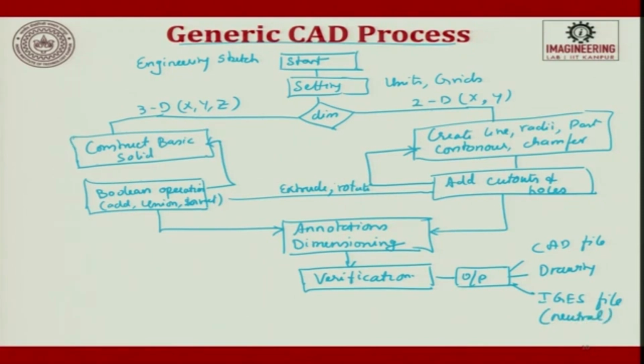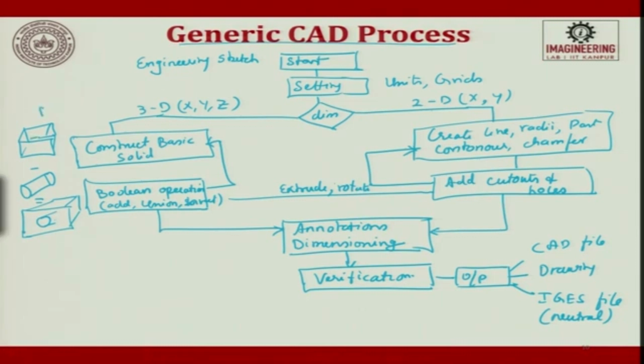Let me give you an example. Suppose you have a cube which is made, and then you subtract a cylinder. What you will get is an object like this. Okay.